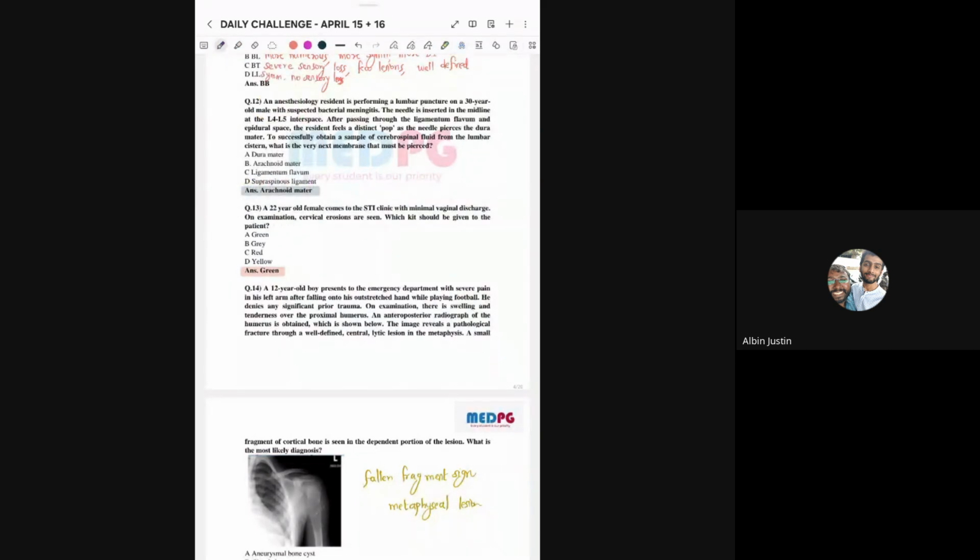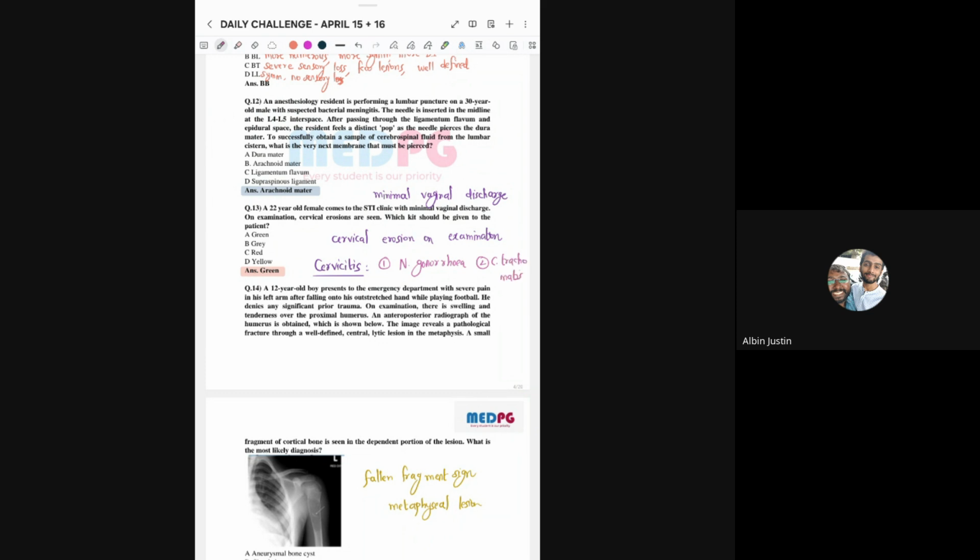So see, now the question is, the patient has minimal vaginal discharge with cervical erosion on examination. So cervicitis is most commonly due to two organisms: gonorrhea and chlamydia.